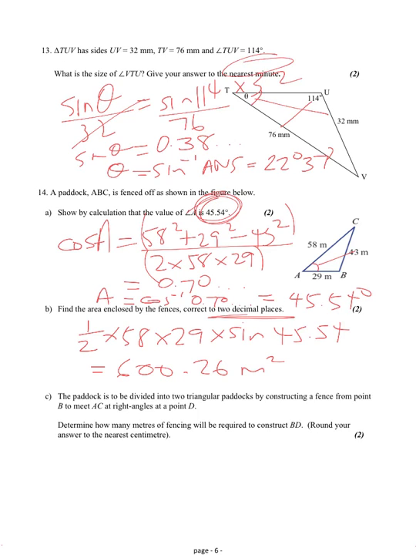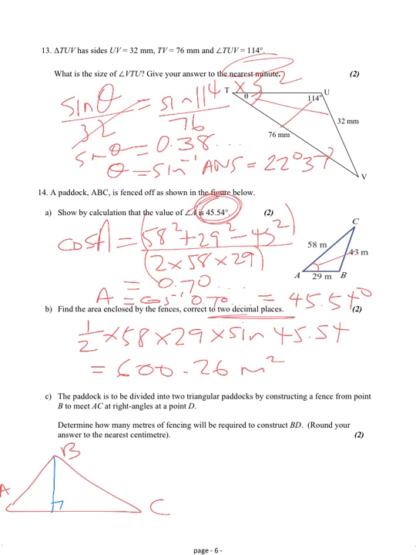Alright, now the paddock is divided into two triangular paddocks by constructing a fence from B to AC. So I'm going to draw that again. So A is down here, B and C, so we are going to have a line that is a right angle.